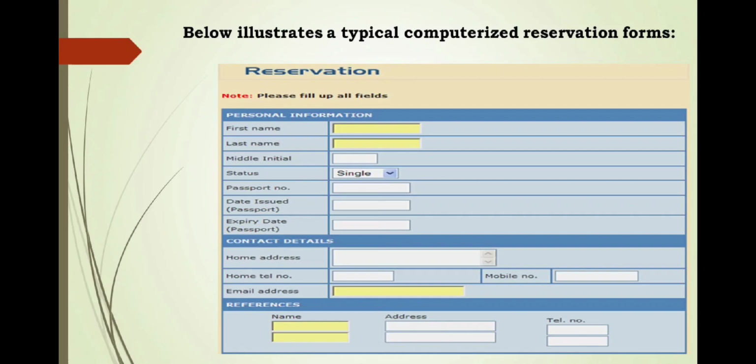Below illustrates a typical computerized reservation form. This is an example of a reservation form, and there is a note: please fill up all fields. So there is personal information. You need to get the first name of the guest, last name, middle initial, status, passport number, date the passport was issued, expiry date of the passport, and the contact details, which are home address, home telephone number, mobile number, email address, and the references.